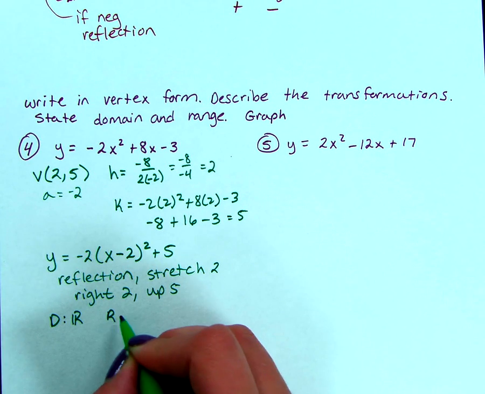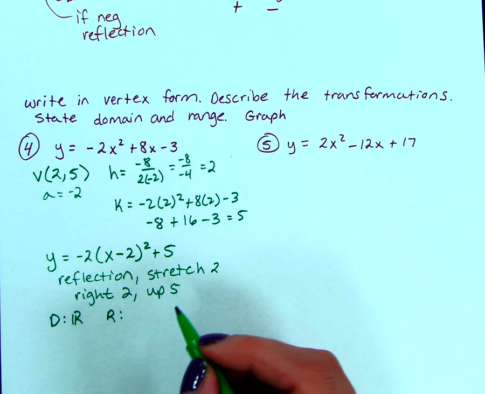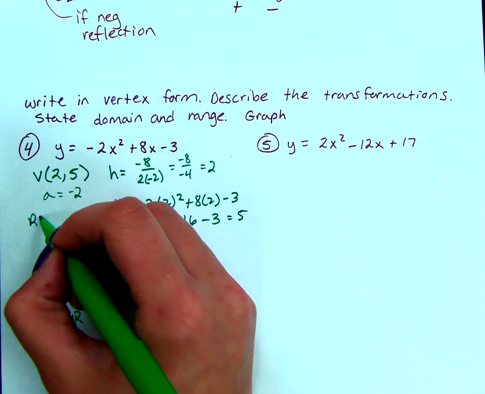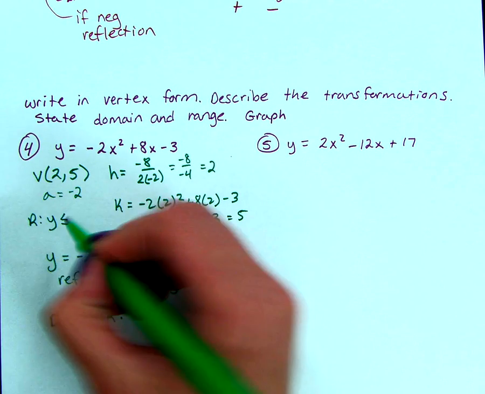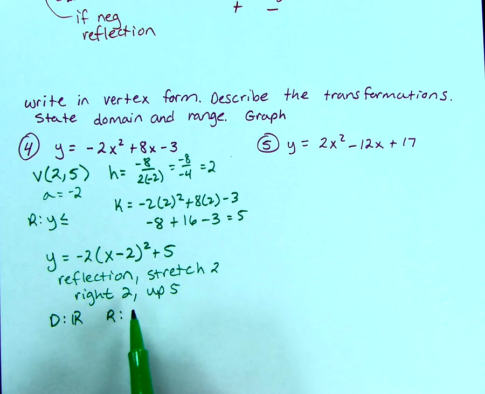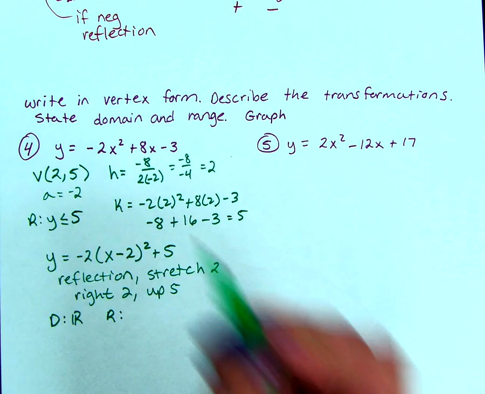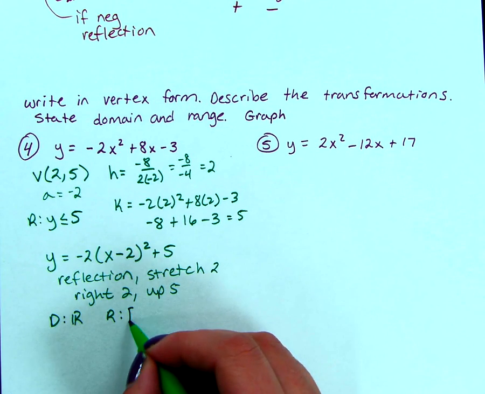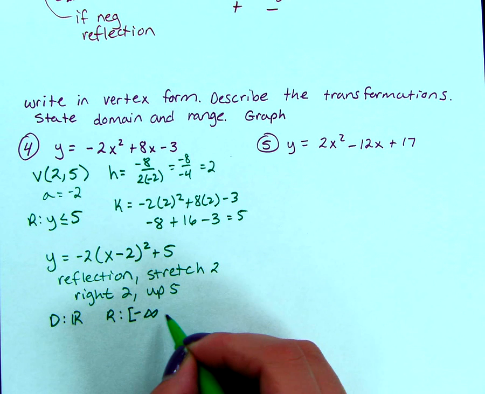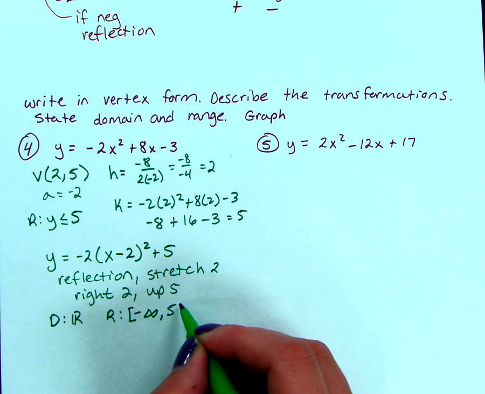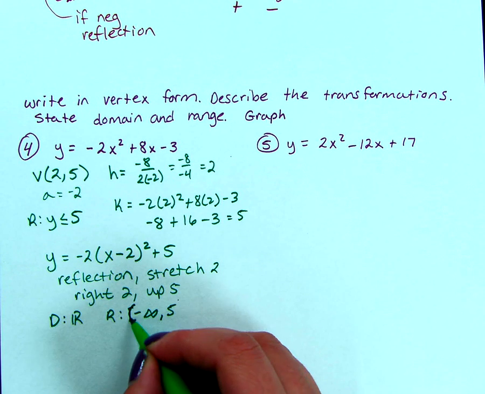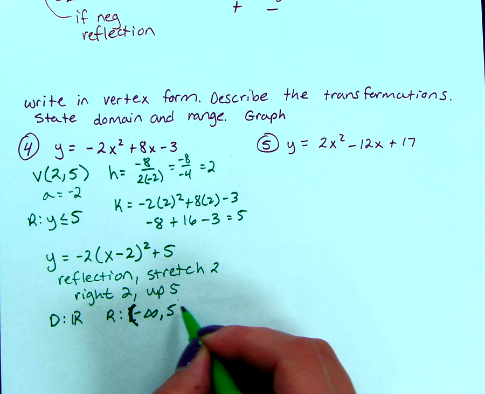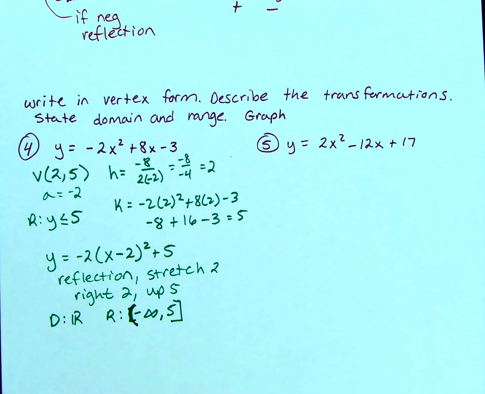And then the range, since it's opening down, it's going to be y less than or equal to, and then the k value, so 5. So since it's less than, if we write it in interval notation, it's going to go from negative infinity to positive 5. Oops, that should be a parenthesis. Negative infinity, positive 5 with a bracket.